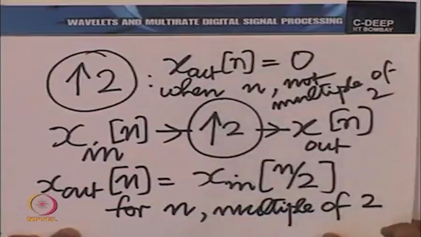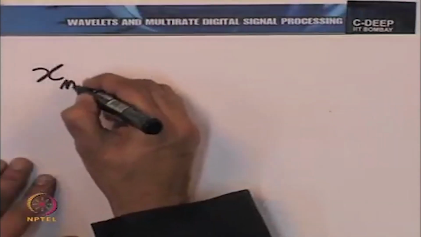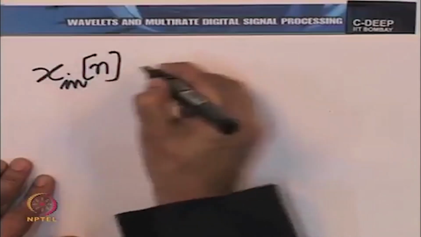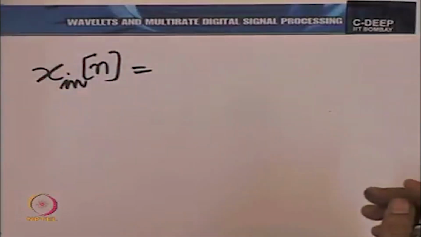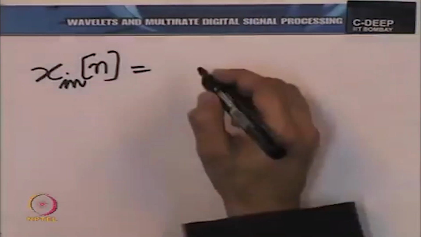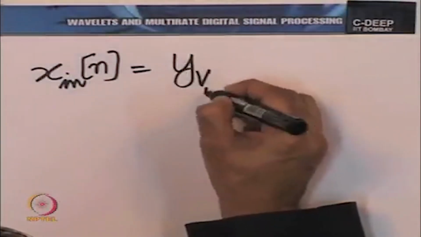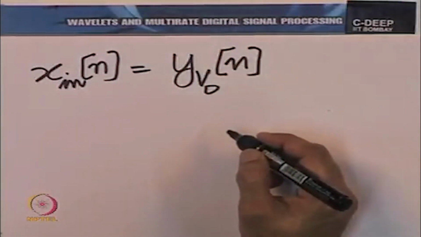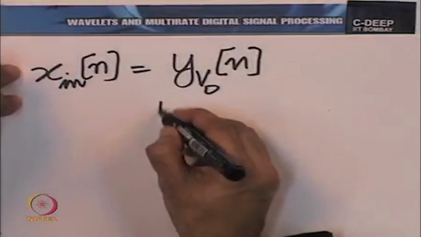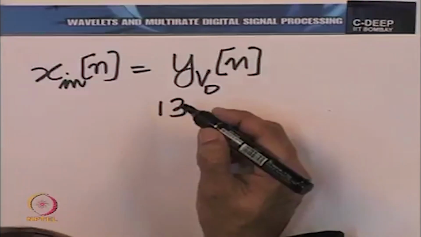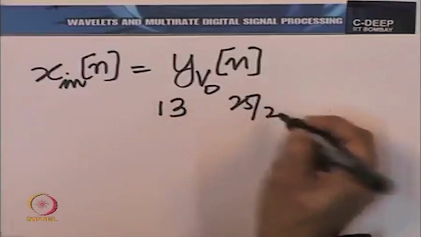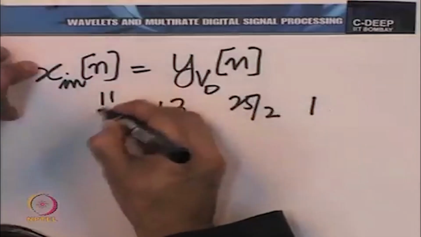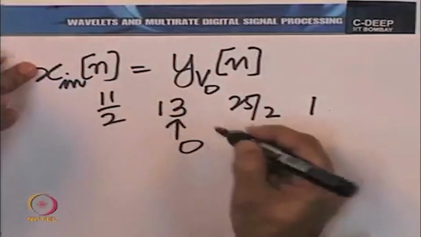So, let us illustrate this operator. For example, suppose x_in of n happens to be the following sequence. Let us take the very sequence that we have for yv0. So, I have yv0 of n: 13, 25 by 2, 1 and 11 by 2 marked with 0.